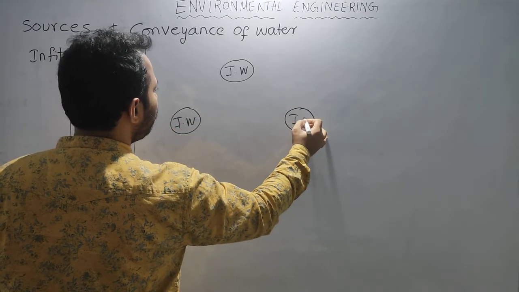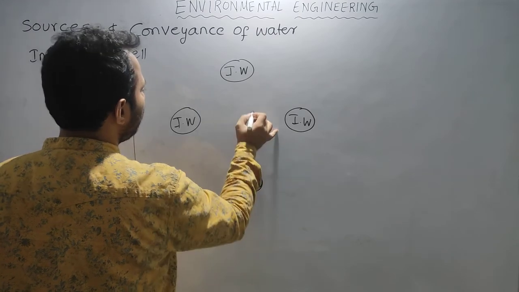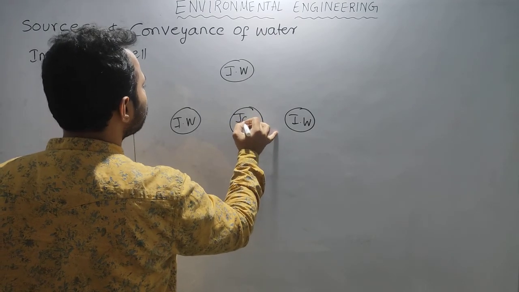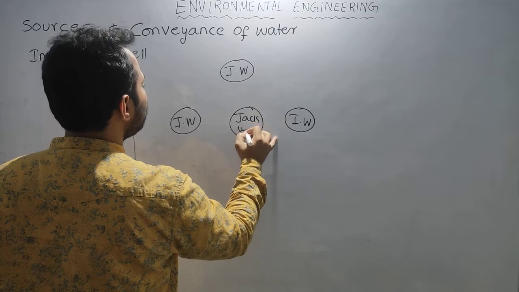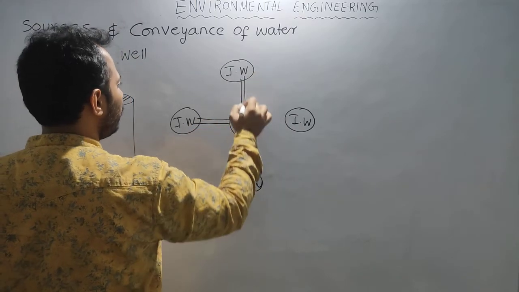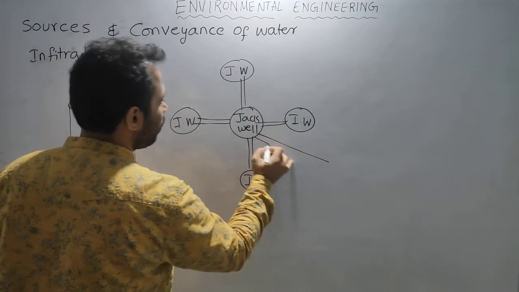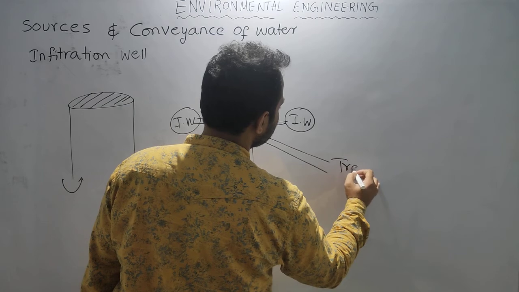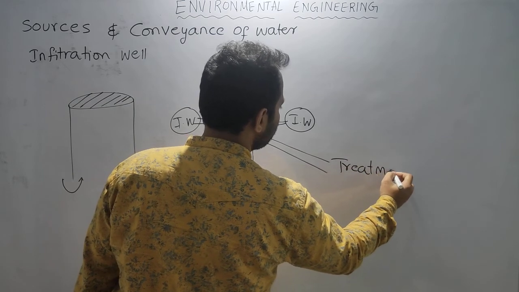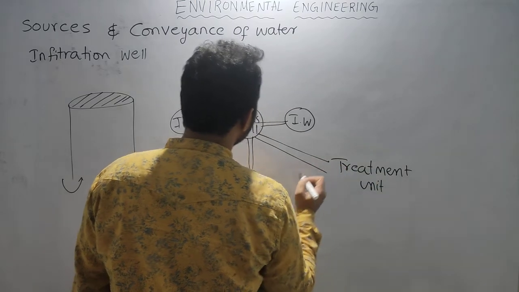All these infiltration wells are connected to a main well that is called the jack well. From the infiltration wells, the water will enter into the jack well, and from the jack well, the water will go to the treatment unit.